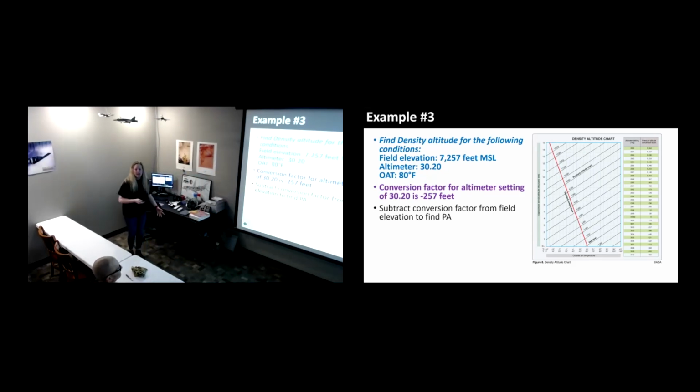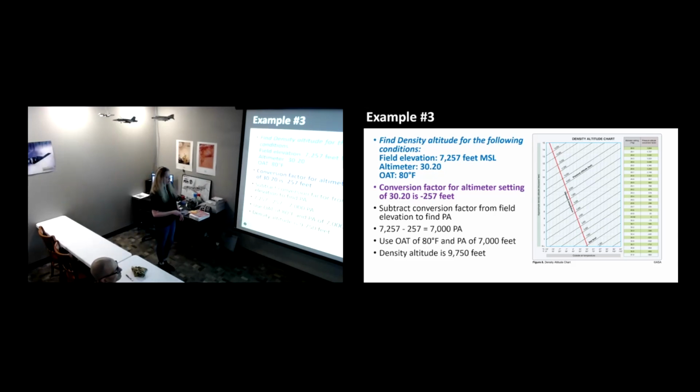So now it's right back to that first question that we did together, where we already had pressure altitude. Our density altitude, if we were to find it, what's our 80 and go up to 7,000 and straight across, we get about 9,750 feet. Are we following?